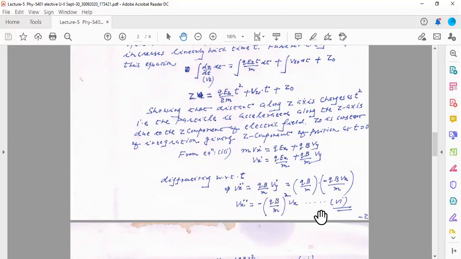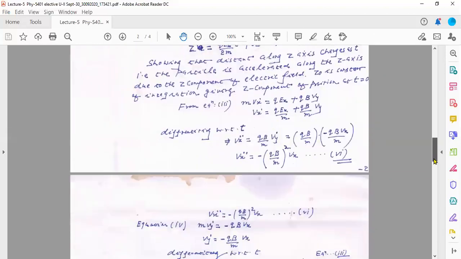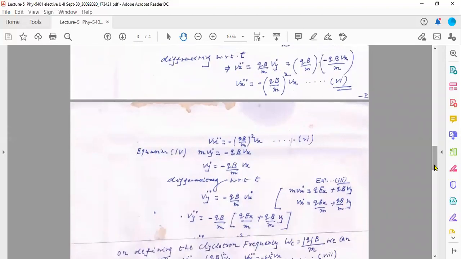This you people know. So I can write equation number 6 in terms of the Larmor frequency. I wrote this equation once again here: vx double dot is minus qB over m whole square vx, and we will define here this term.